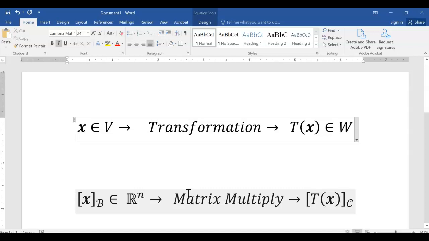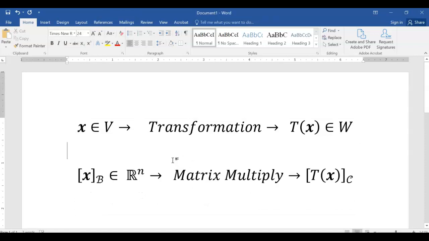It's going to be this diagram, and basically these are just parallel ideas. We take some x, hit it with the transformation, and get some image of x. Now we set up an x, create its coordinate vector, and multiply by a matrix.